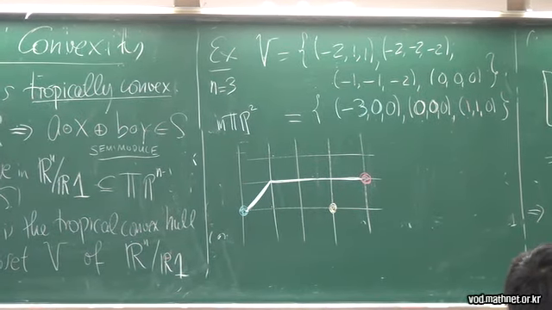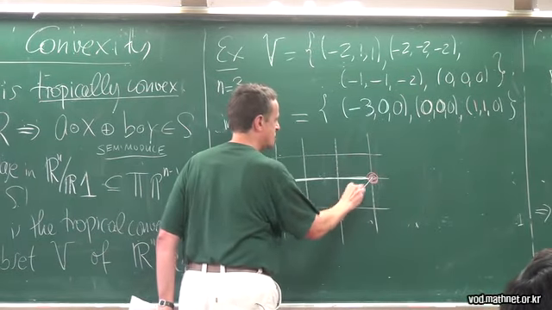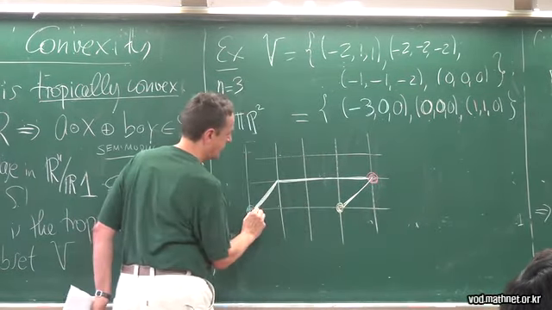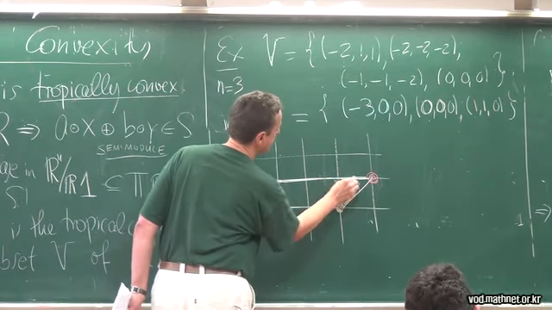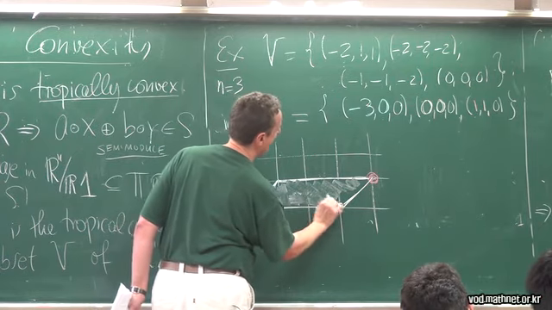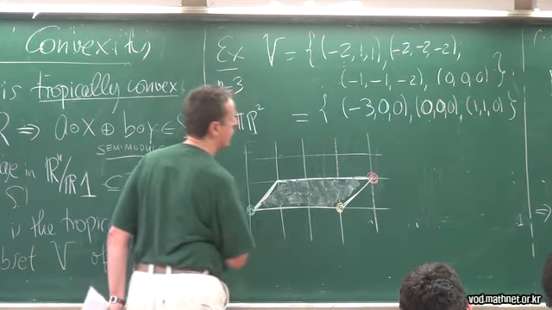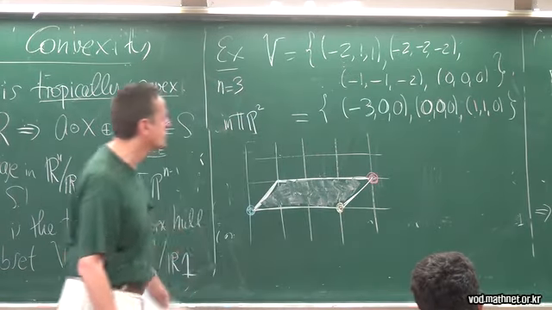Okay? Well, likewise, right, so the convex hull of this and this is just this segment, and then this is this segment. So in this example, it so happens to be the case that the tropical convex hull happens to be also tropically convex. Okay, so this is both classically convex and tropically convex.